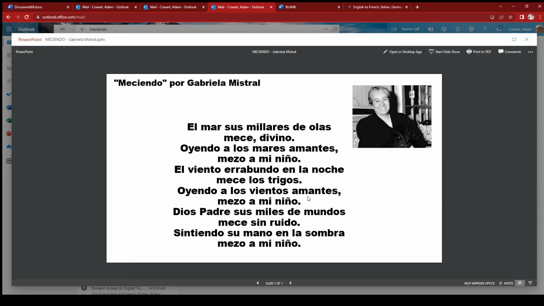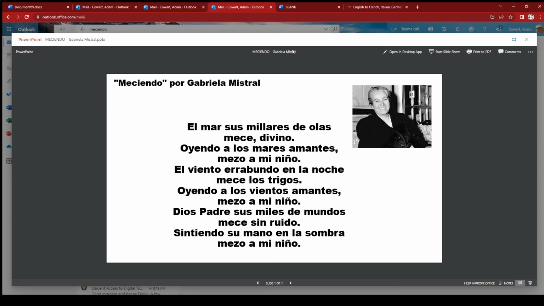Hearing the loving winds, I rock my child. Father God, his millions of worlds, he rocks without sound. Feeling his hand in the darkness, I rock my child. So it's her way of expressing her rocking her child and God rocking the world and things like that. So just kind of pretty.